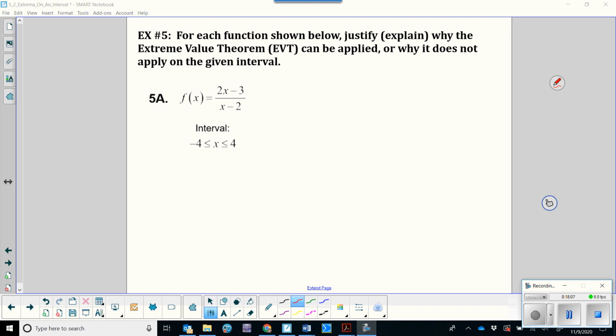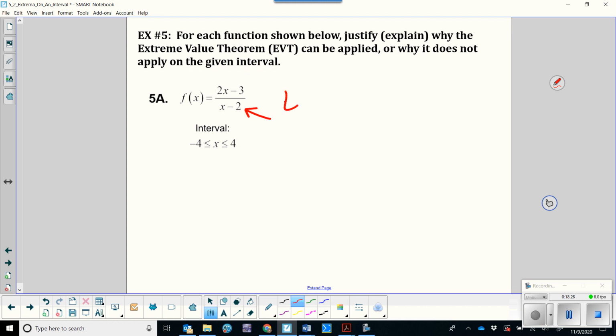So in this first example, 5a, again, we're supposed to justify why it can be applied or why it doesn't apply. Okay, so we're not finding the maximum, just can we do it? Well, clearly on the interval from -4 to 4, we have a discontinuity.